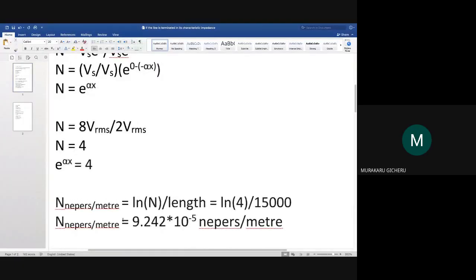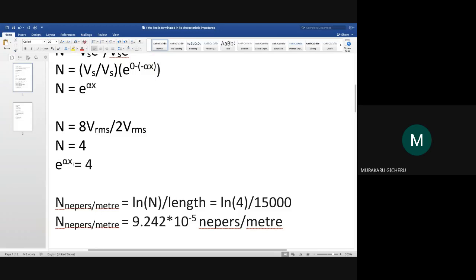So to find alpha in nepers per meter, first we need to take the natural log of this, because n is e to the power alpha x.